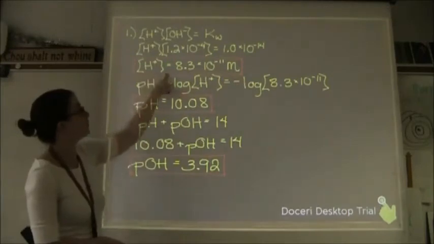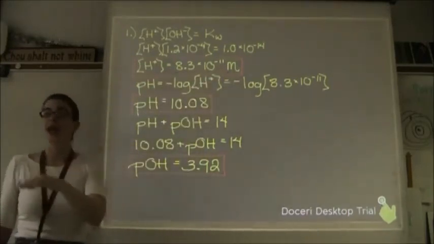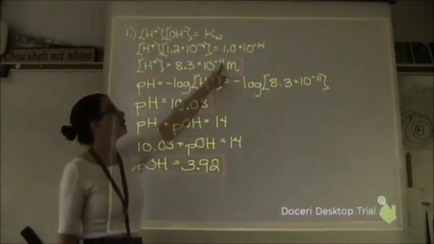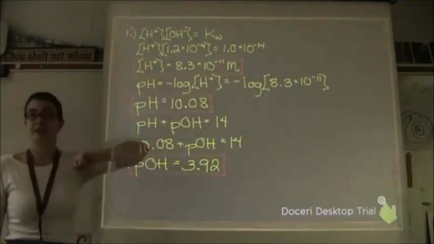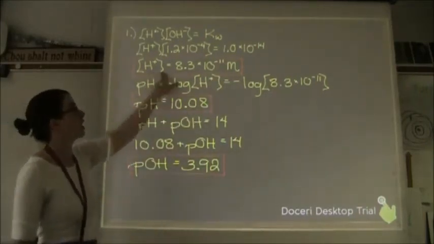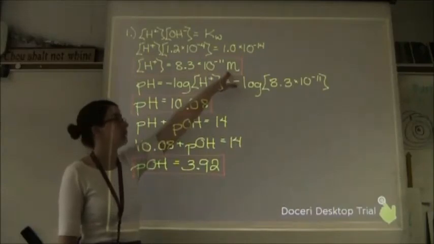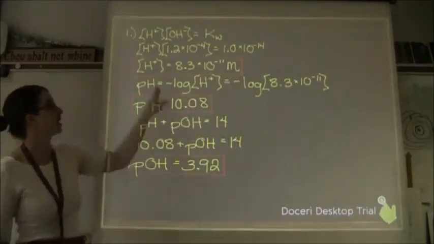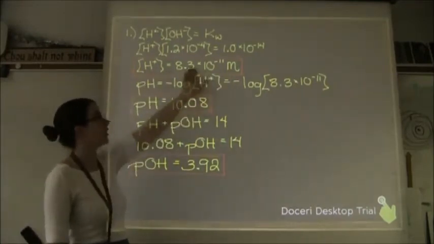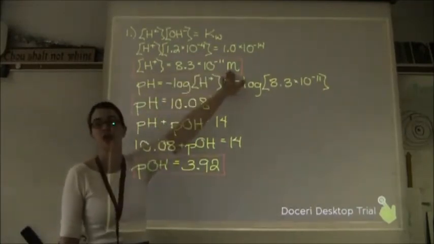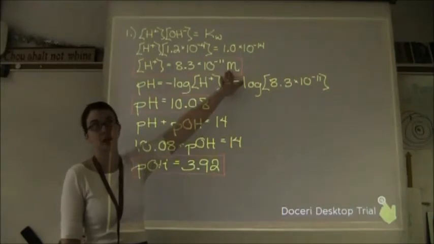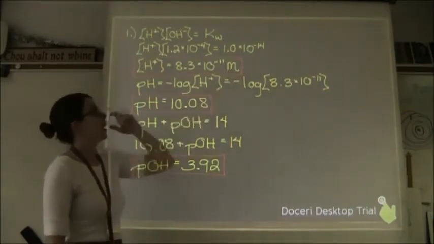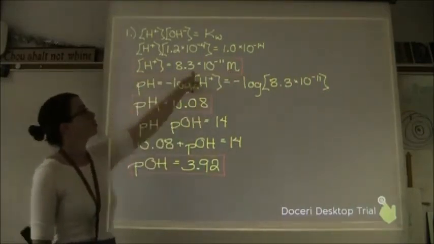If you take the negative log of this number, your answer will be close to the number 11. So just knowing that in multiple choice would allow you to eliminate some choices. Like, there is no way that this is going to have a pH of 2 or 3 or 4 or 5.